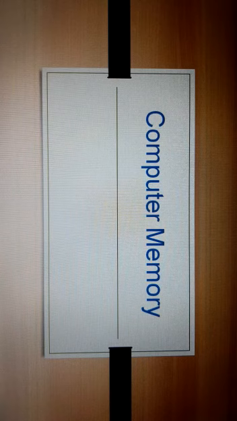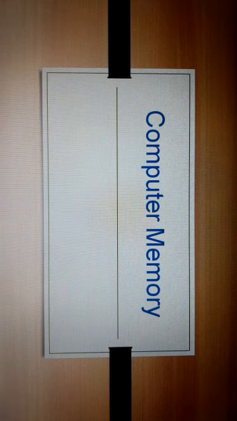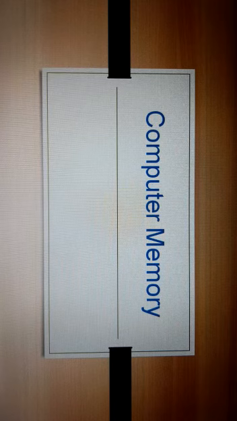You have already learned in previous classes, like class 10, class 9, class 8, that the computer uses two types of memory. One is the primary memory or internal memory, and the other one is secondary memory or external memory or mass memory. Today we discuss internal memory first, because internal memory is a part of the CPU.